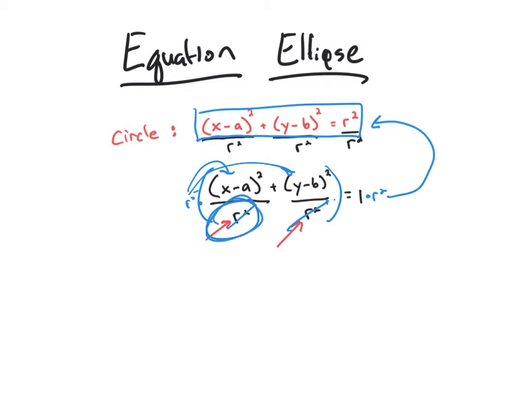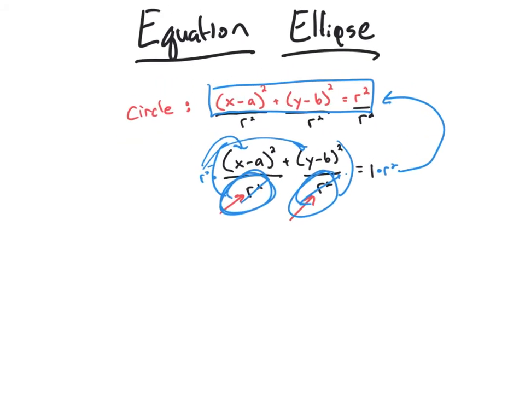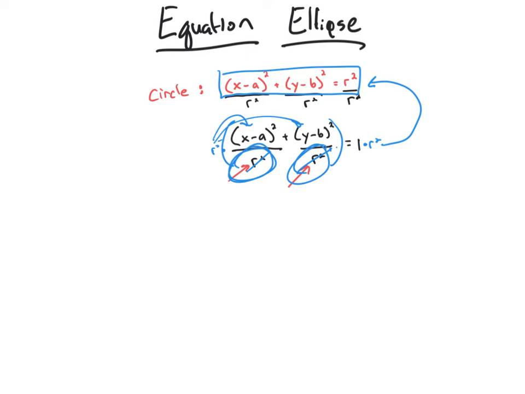But again, notice that the bottoms have the same number. Here is what we're going to do: we're going to call it an ellipse. So the equation for an ellipse is, ready for this? (x - a)^2 plus (y - b)^2, but then we are going to put this over some numbers.